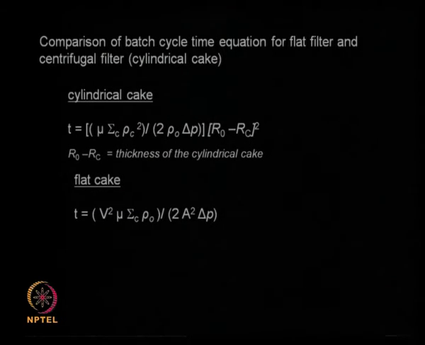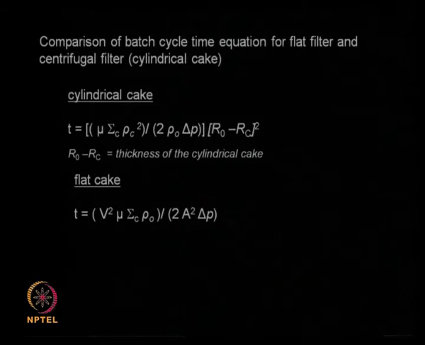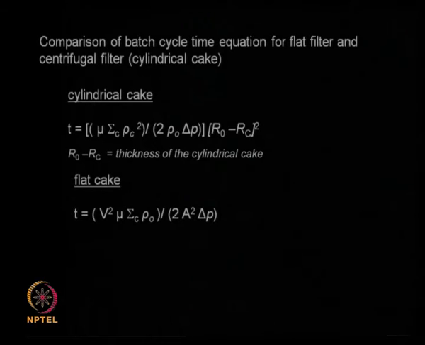One important point which you need to remember is that when I use a flat filter, the cake that is formed is flat, whereas when I use a centrifugal filter to filter the solids, then the cake that is formed is cylindrical. Okay. So there is a difference between the cakes that are formed.